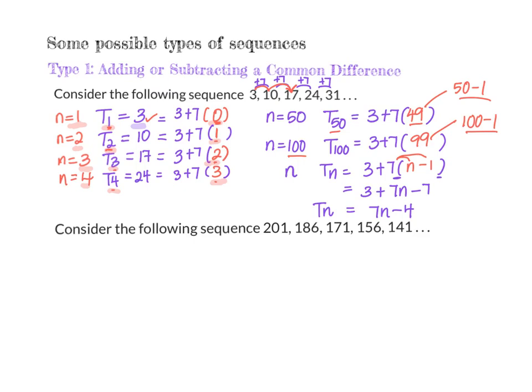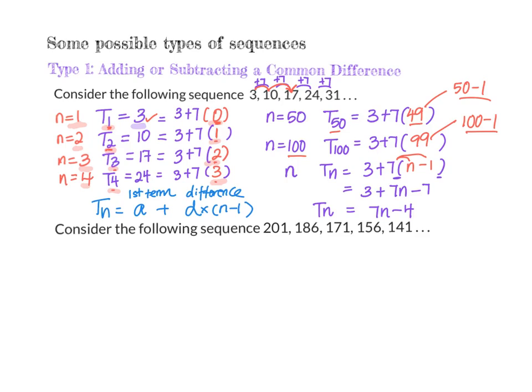Now for this type of sequence where we add or subtract a common difference, the term Tn is usually given by the general term formula will be a, that means this is the first term, plus d, this is given by the difference, times n minus 1.